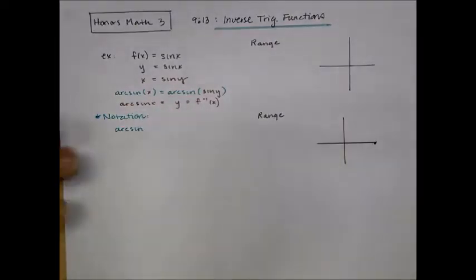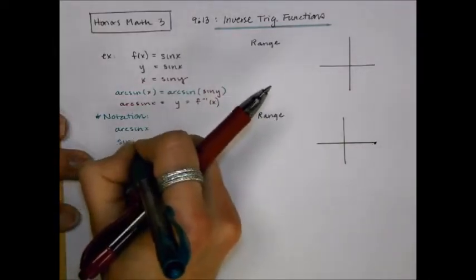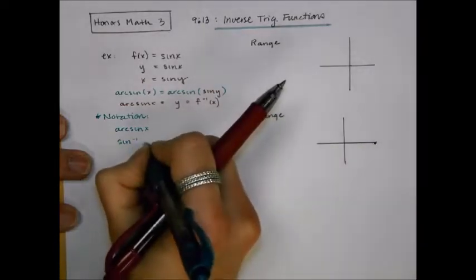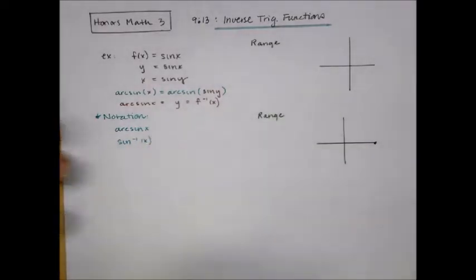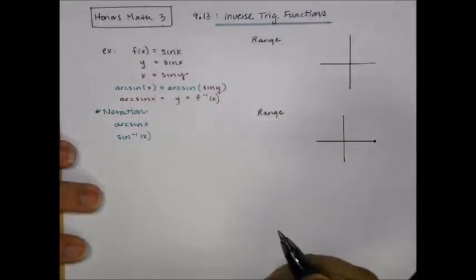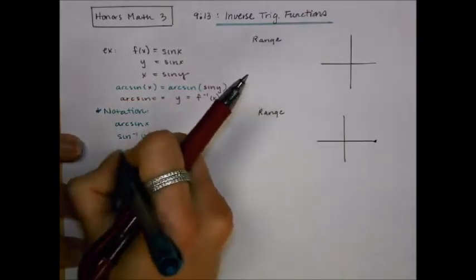So besides arc sine x, we could write inverse sine the same way we wrote inverse of f. That is common on calculators, and we don't want to confuse it with the exponent -1. So we get that from just the context of the problem we're working on.